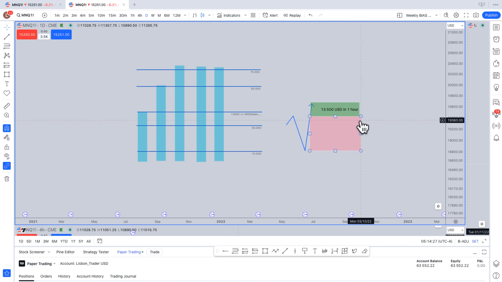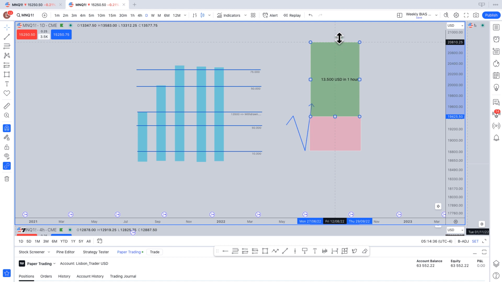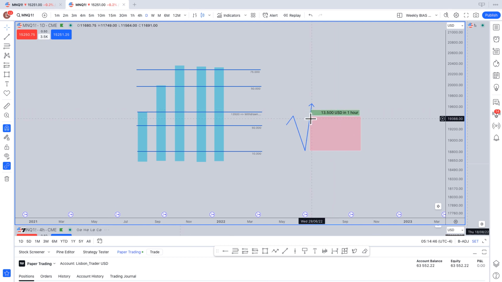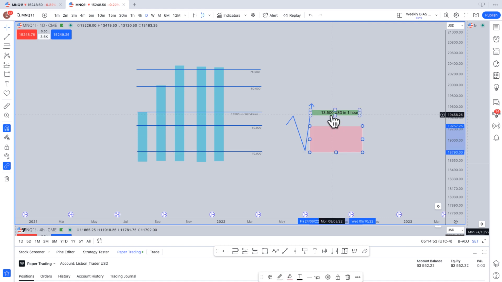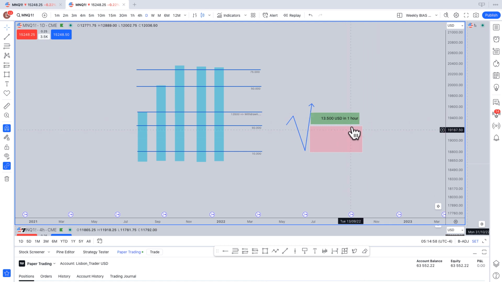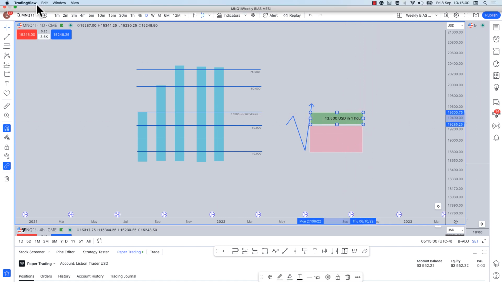Some days we might lose the whole 50. Other days we might have doubling or tripling, depending on the conditions. Okay, it's done for today. That was it. Result. So let's recap.